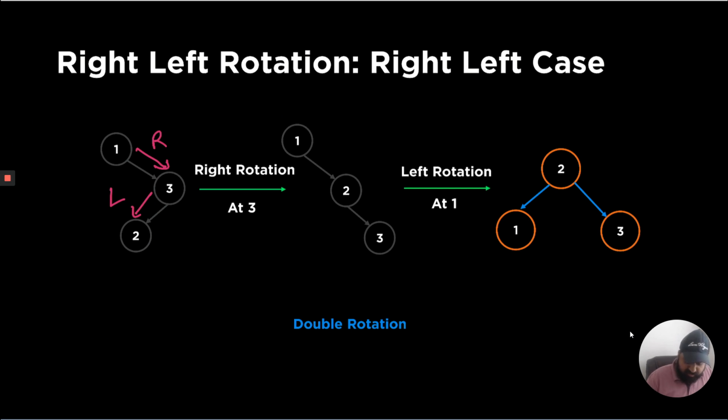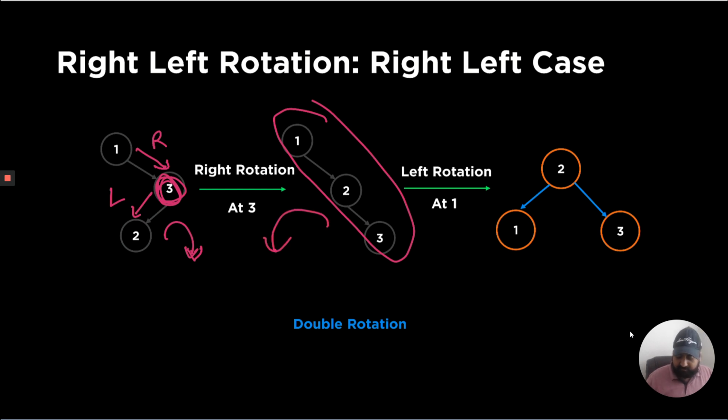First we rotate right at this number 3, which is the child node, and right is clockwise. After that rotation, our tree would look like 1, 2, 3. Next, we rotate left at 1. So this is an example of double rotation because we are rotating twice to reach our goal state.